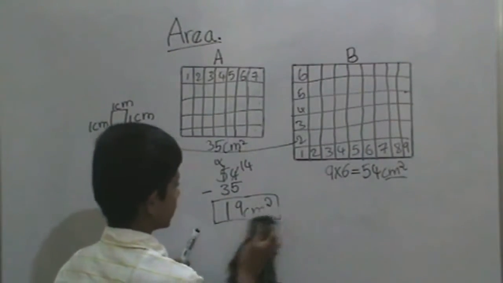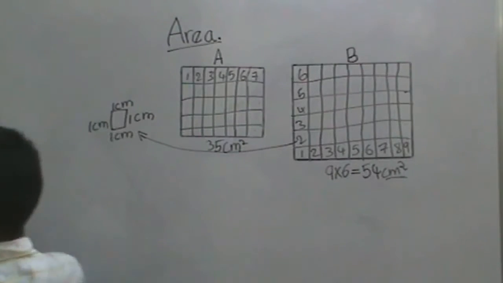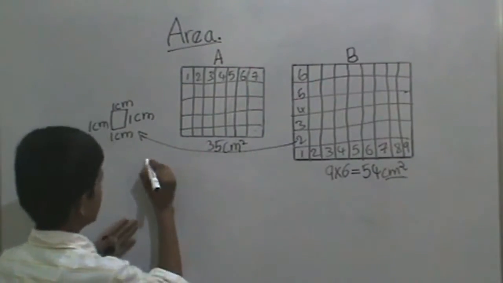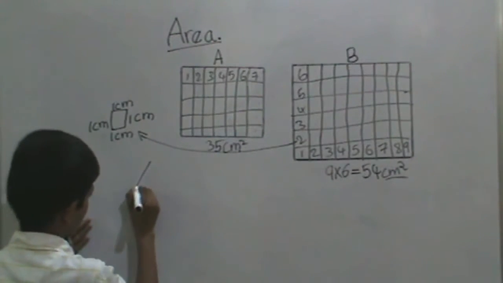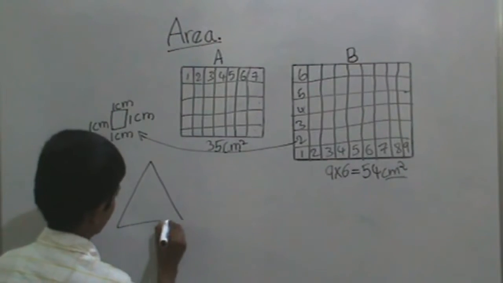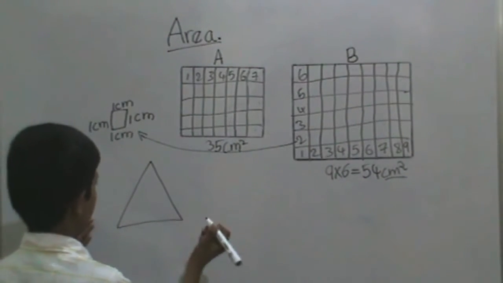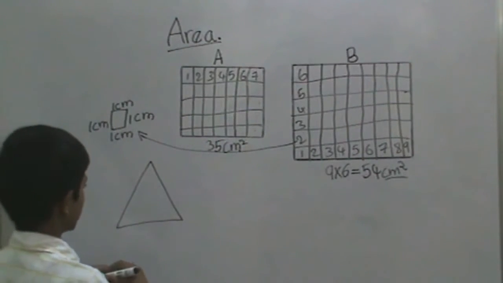If you take a triangle, now divide this triangle into centimeter square boxes.